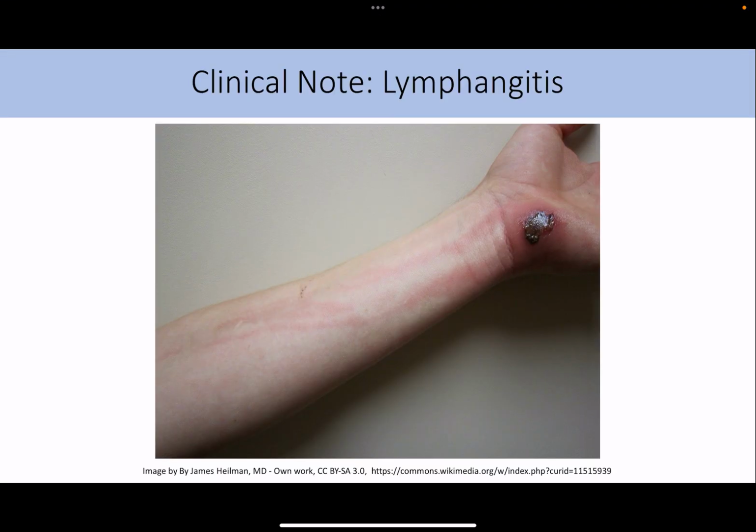All right, so lymphangitis. Lymphangitis is inflammation of your lymphatic vessels, due to an infection. So this results usually from a bad bacterial infection.